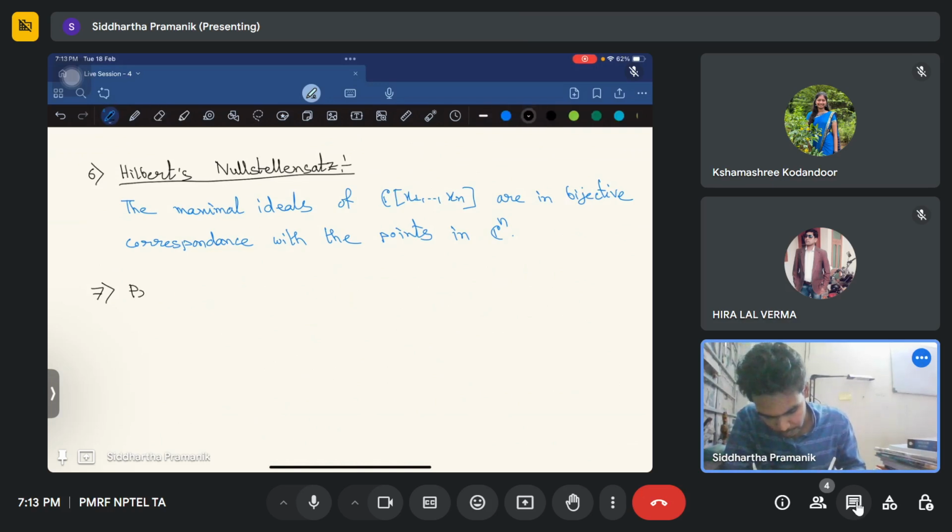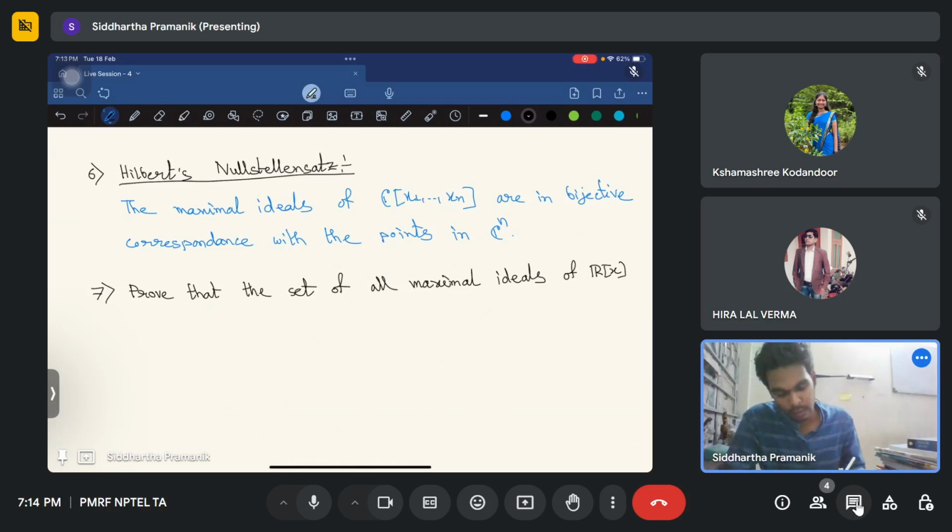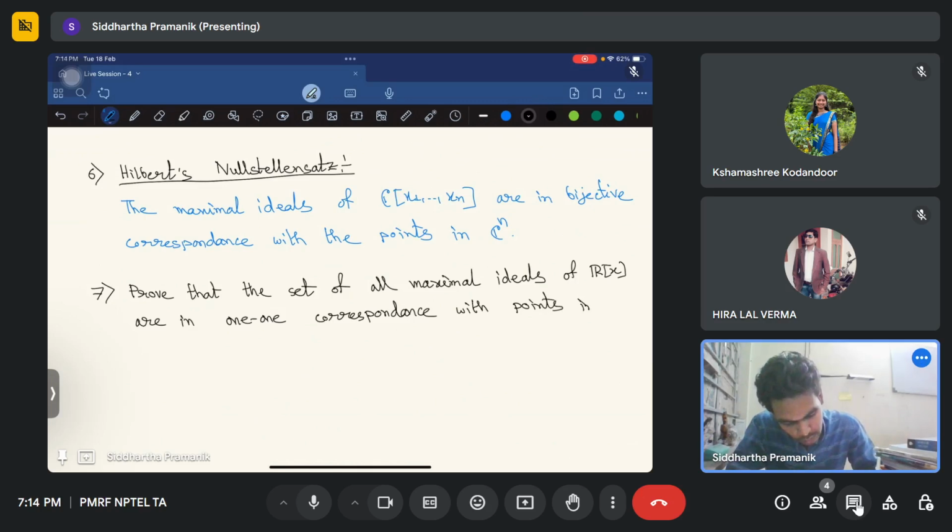Prove that the set of all maximal ideals of R[x] are in 1-1 correspondence with the points in the upper half plane.